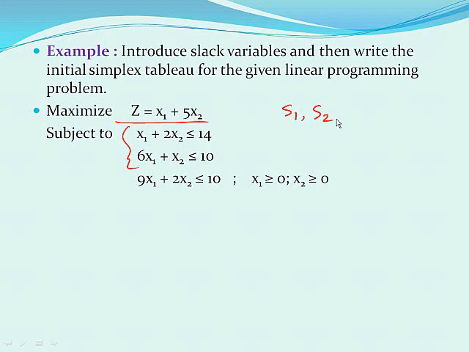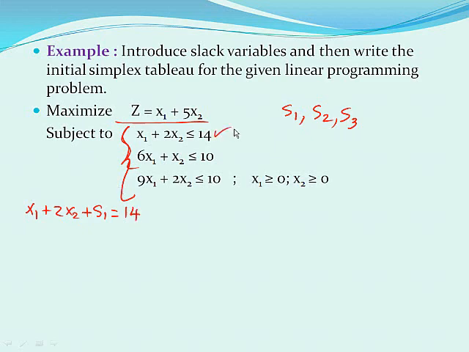Let's do an example. Introduce slack variables and then write the initial simplex tableau for the given linear programming problem. Notice that this is a standard maximization problem. We have the objective function c equal to x1 plus 5x2, and we do have three constraints here. So we need three slack variables, s1, s2 and s3. So the equations in the system will be x1 plus 2x2 plus slack variable s1 equal to 14.